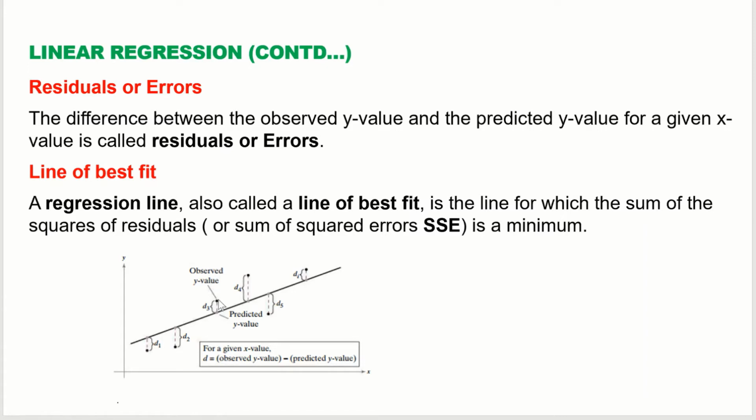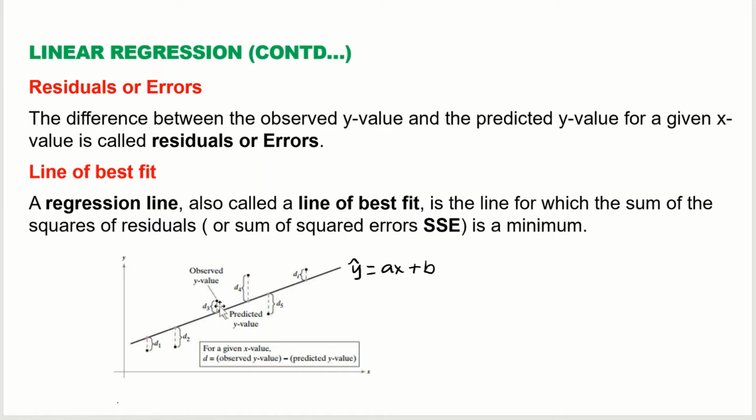For example, at D3, you can see, suppose this is the observed value. The predicted value, if the equation of this line is y hat equal to ax plus b, and we use that line to predict the value over here, the value will be on the line.